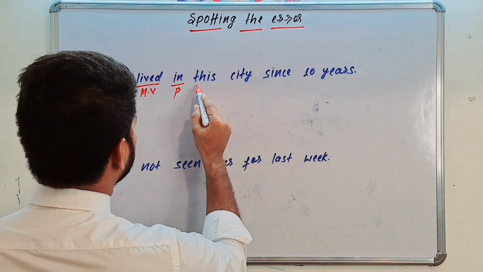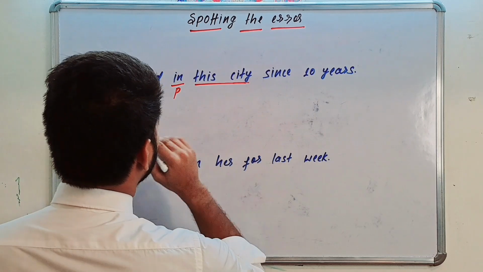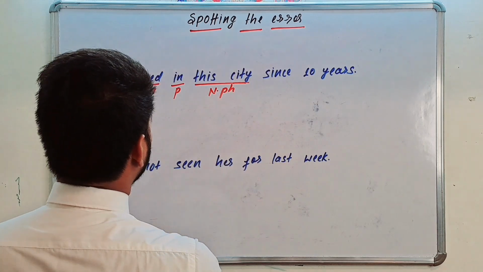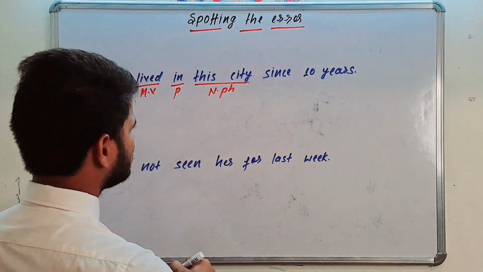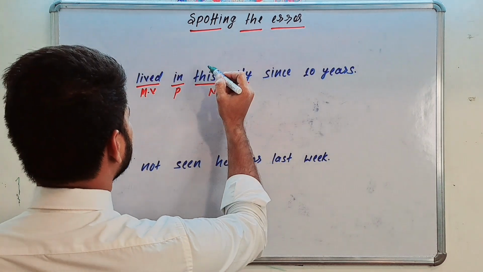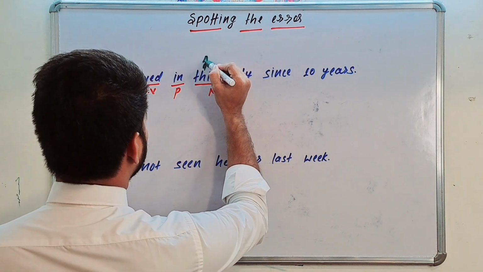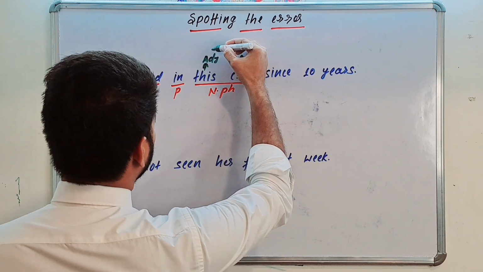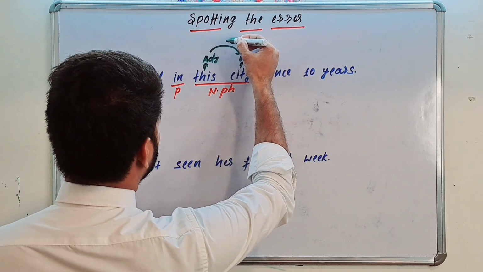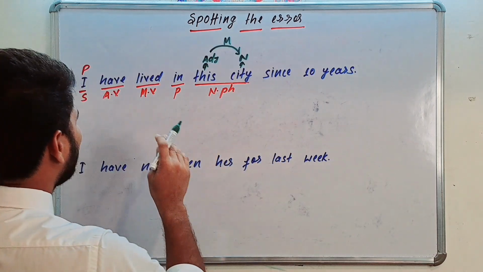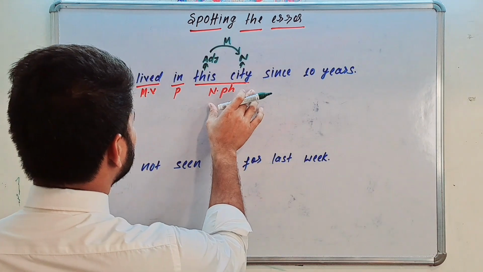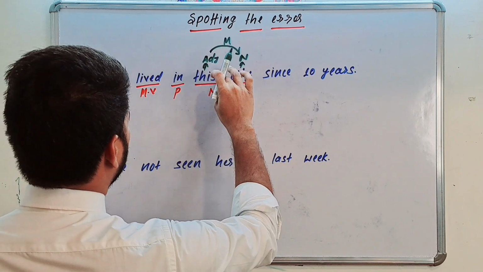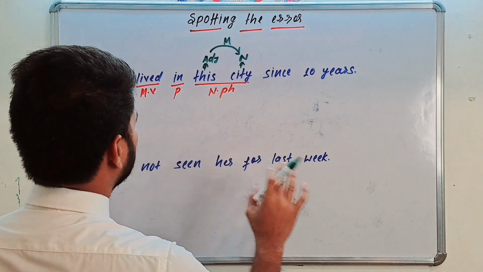"In" is a preposition. "This city" is a noun phrase, where "this" is an adjective and "city" is a noun, and the word "this" modifies the noun city.